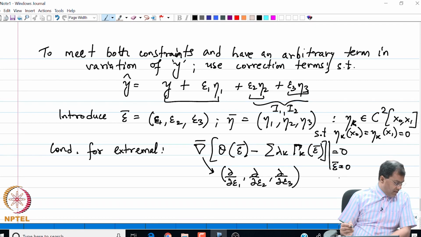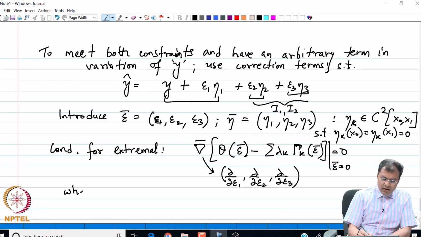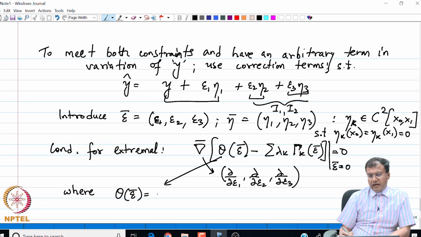So, what I have is the following, where my theta functional is the perturbation functional. Okay. I am just rewriting the extension case.